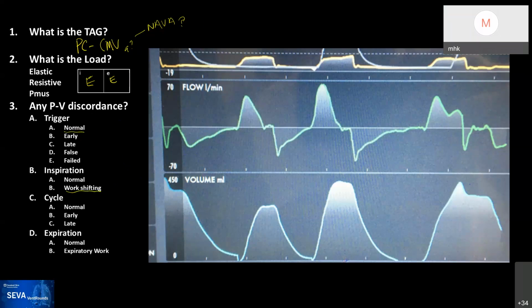The cycle seems late. There's like this pause in the first and second before exhalation. And then expiratory wise, I guess on the third breath, there's expiratory work. I don't know. I feel like I royally messed this up, but that's my best effort.